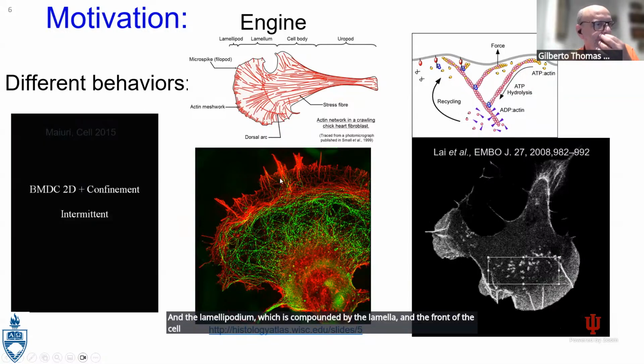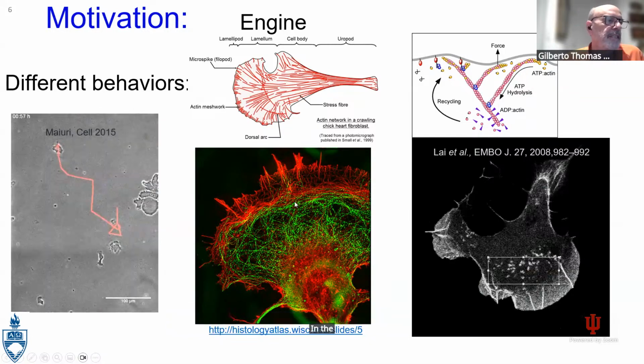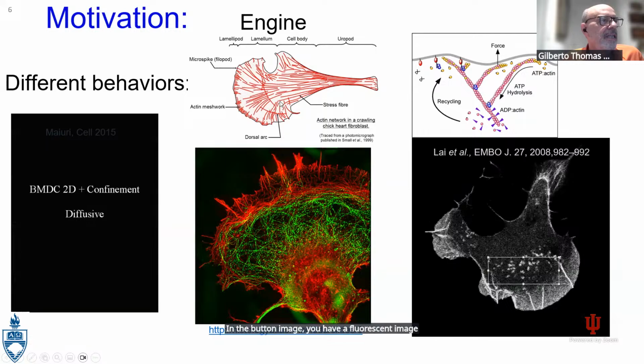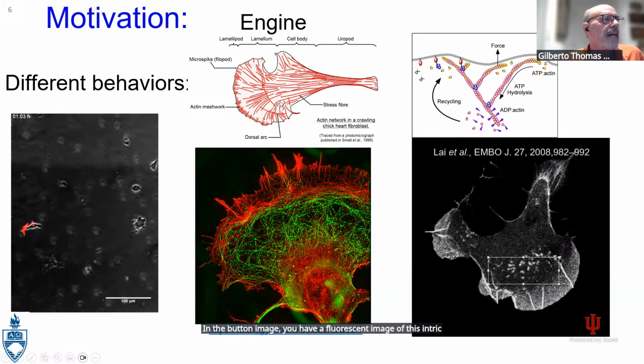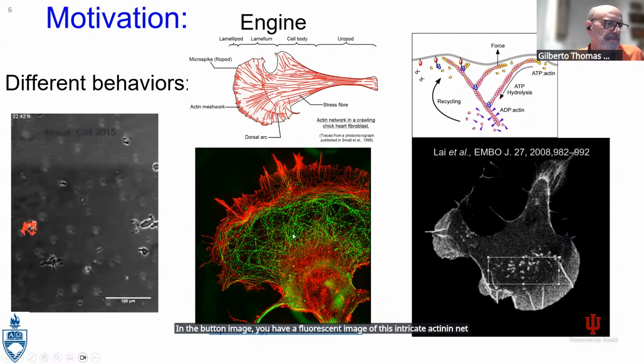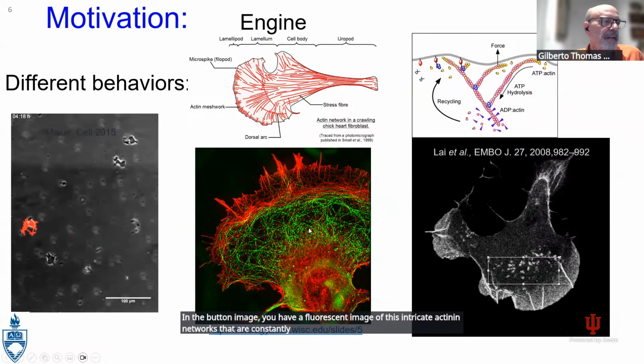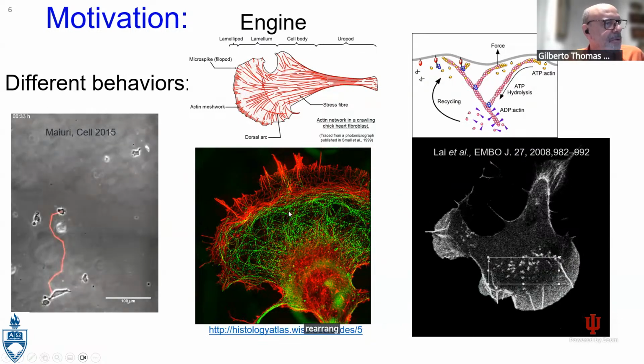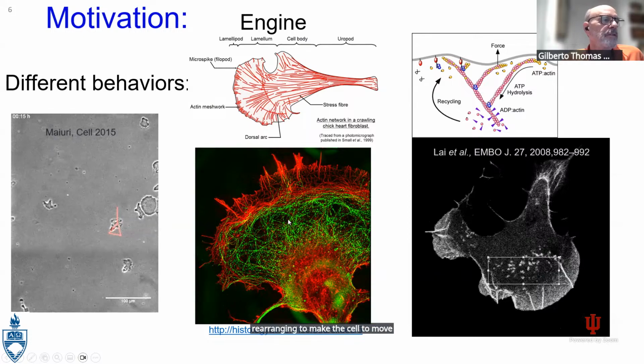In the bottom image, you have a fluorescent image of the intricate actin networks that are constantly rearranging to make the cell move. And how does that work?